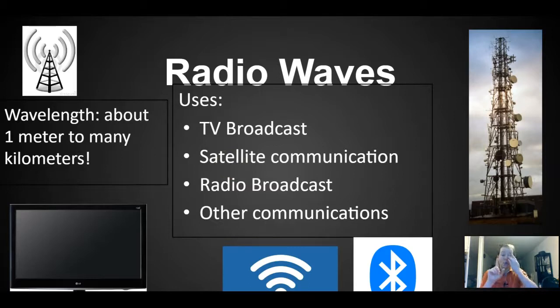Now, in your phones, you know Wi-Fi? You know Bluetooth? Those are radio waves. Wi-Fi, not needing wires, is because your computer or your phone uses radio waves to send information. So we use radio waves to send information.